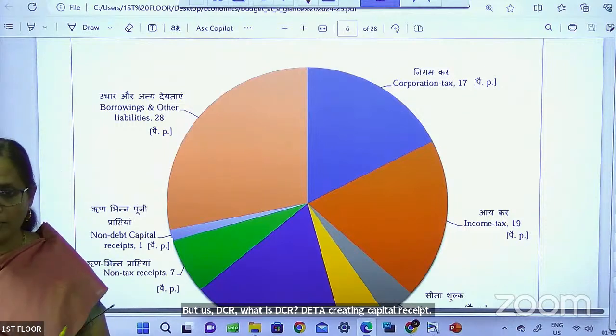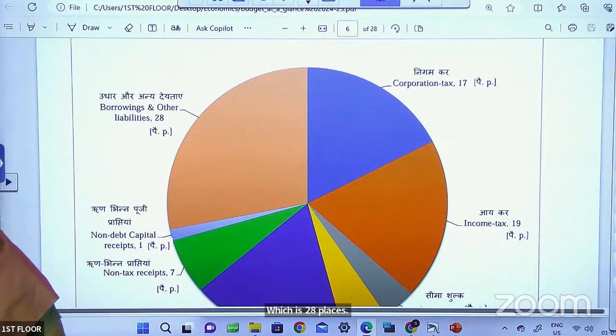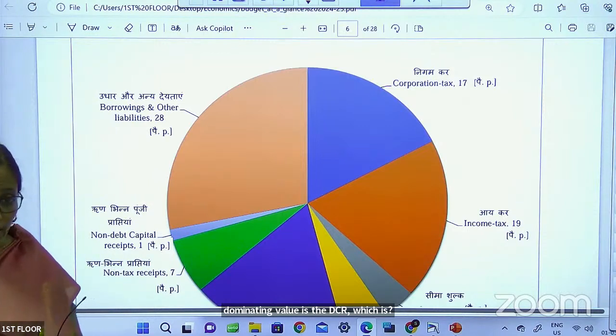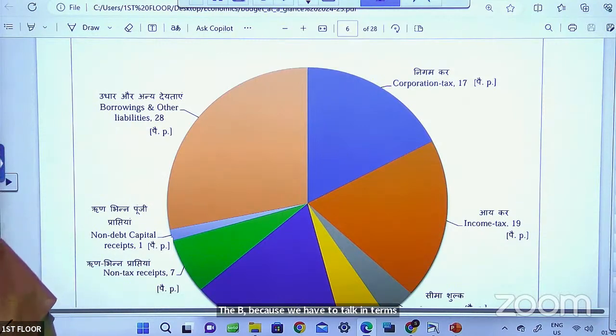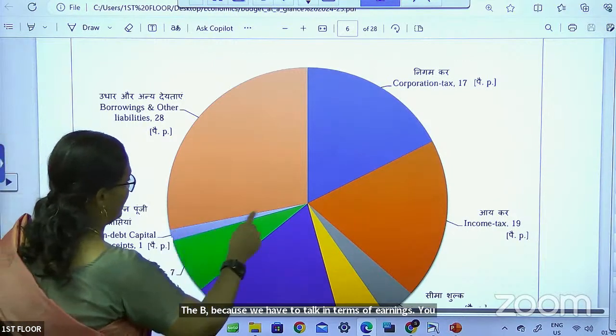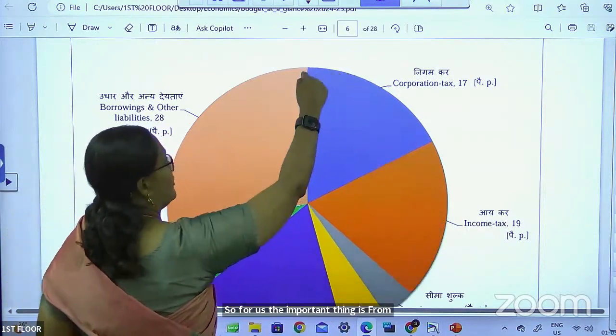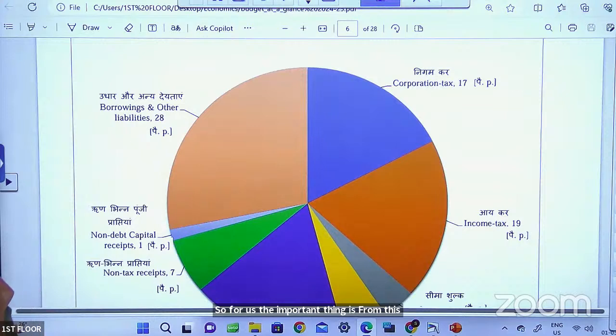So in the overarching pie, actually if you see, the dominating value is the DCR, which is the borrowings, but because we have to talk in terms of earnings, you remember our fiscal deficit formula, we will exclude this borrowing. So for us, the important thing is from this non-debt creating capital receipts up to this corporate profit tax.